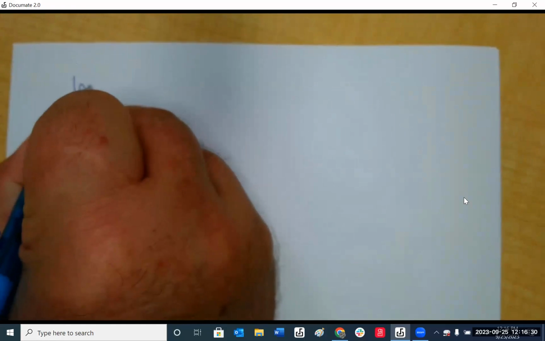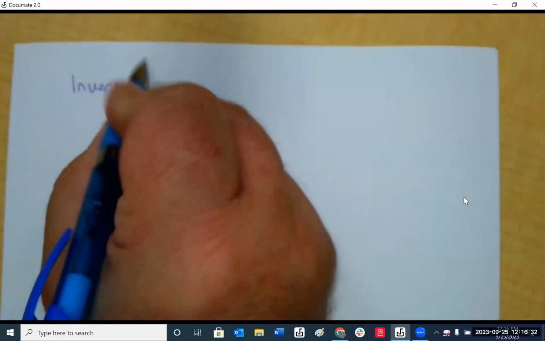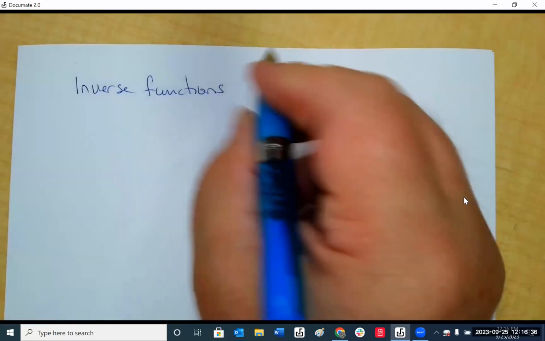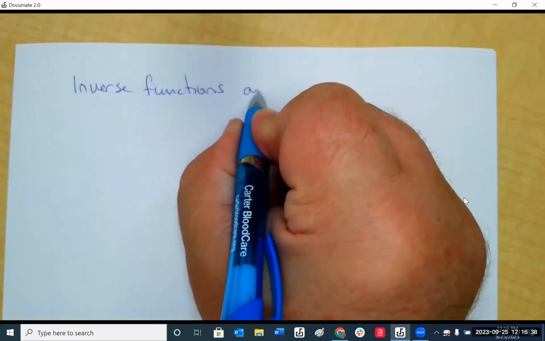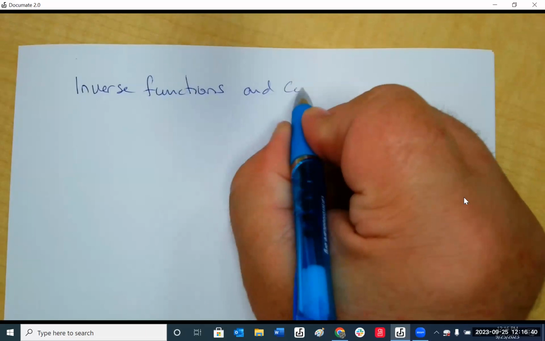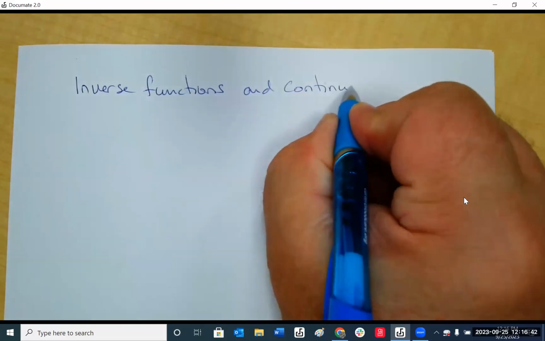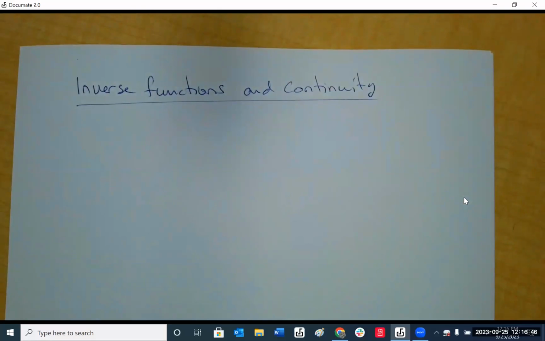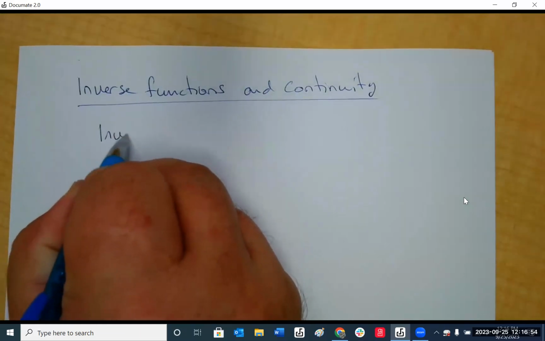Inverse functions. Add an inverse to something, it always makes it sound scary, right? So how would we look at what inverse functions are? Switch the domain.